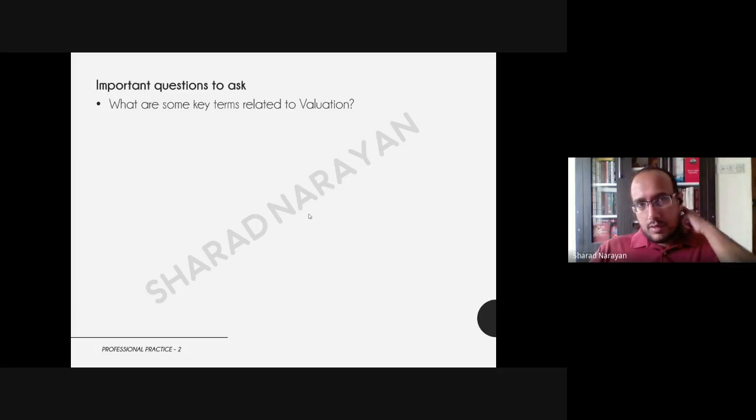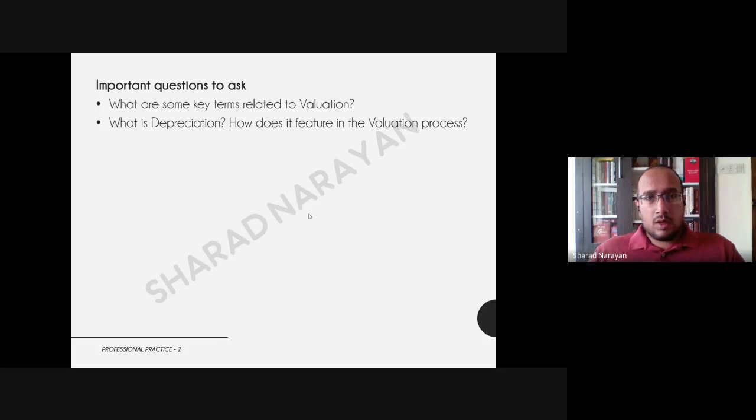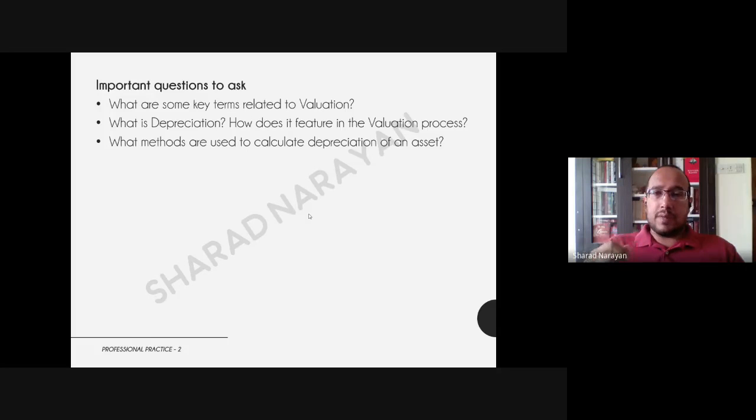In this unit, we're going to be looking at these as our key questions. What are the key terms related to valuation? What is depreciation? How does it feature in the valuation process? What are the methods which are used to calculate depreciation of an asset?